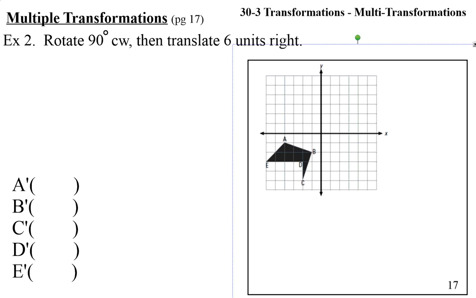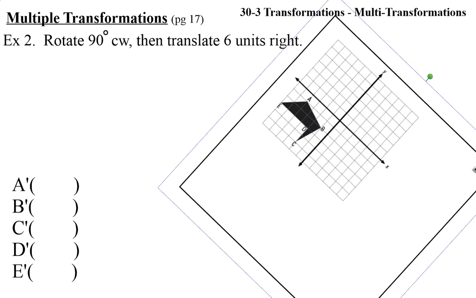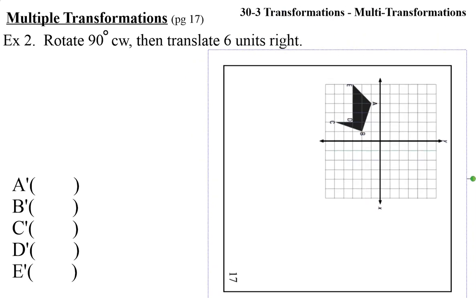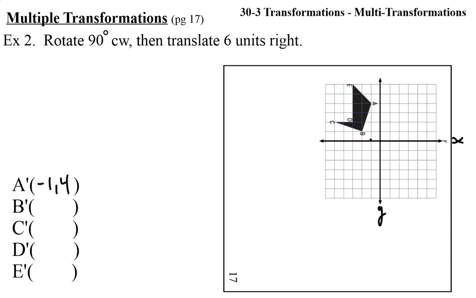So here's your booklet. We have to first rotate 90 degrees clockwise again. So now that I have my new grid, this is now my y-axis, this is my x-axis, I need to jot down these points. A is at -1, 4. B is at -2, 1.